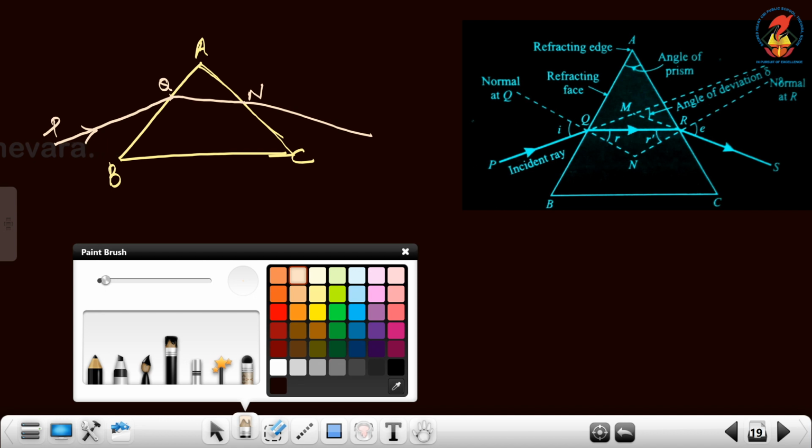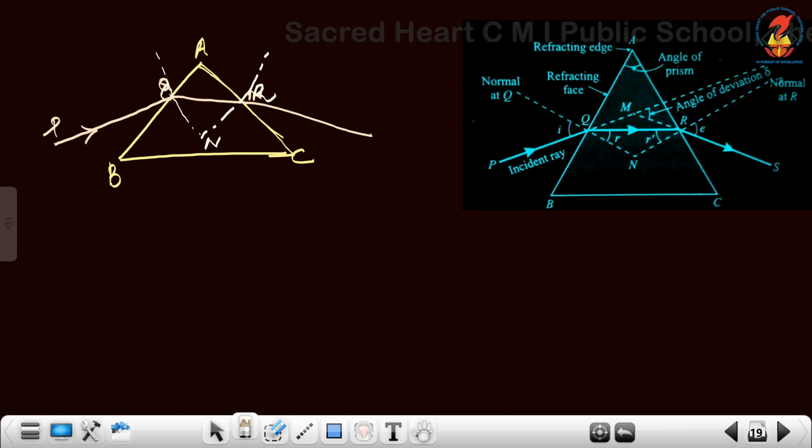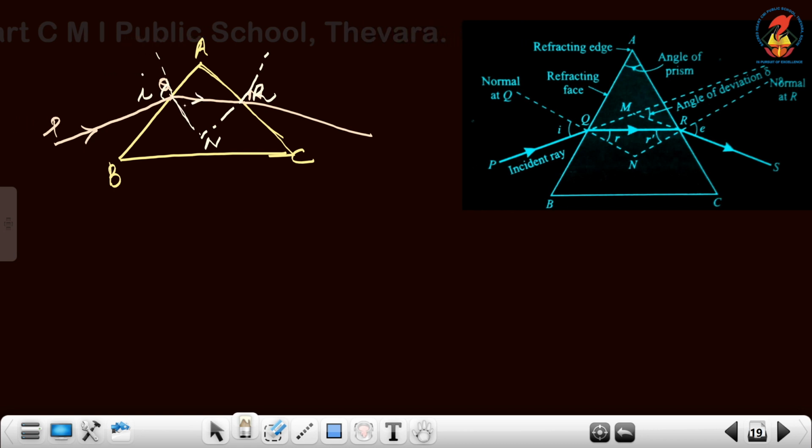Now next we are going to find out the angle of incidence, emergence, etc. For that we have to draw a normal. I'll take this point as R, okay, and this point as N. Now the angle between the incident ray and the normal is taken as i, and the angle between the refracted ray and the normal is taken as r.